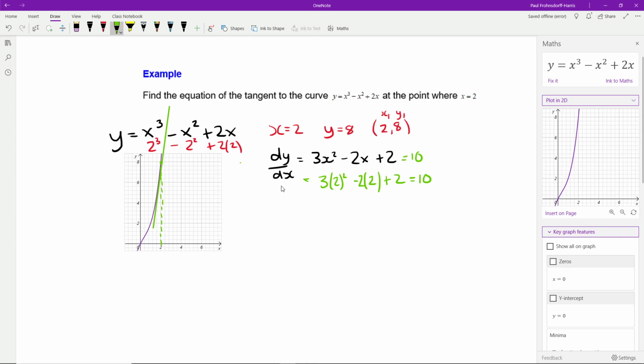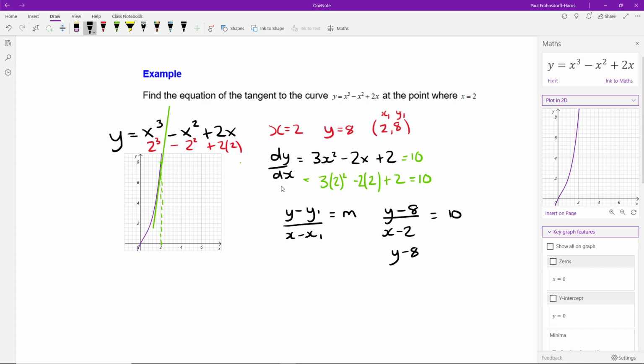We can now use that to state what the equation will be, because we've got (y minus y1) over (x minus x1) equals m. So (y minus 8) over (x minus 2) is equal to 10.